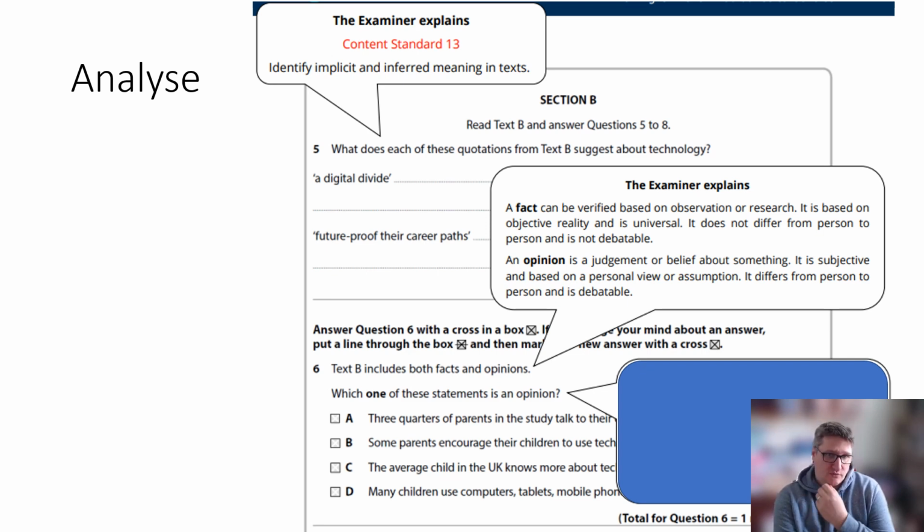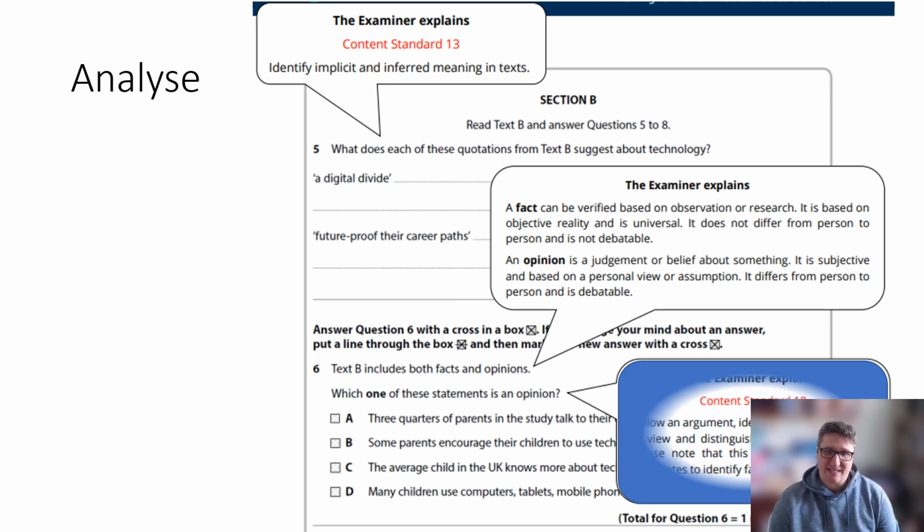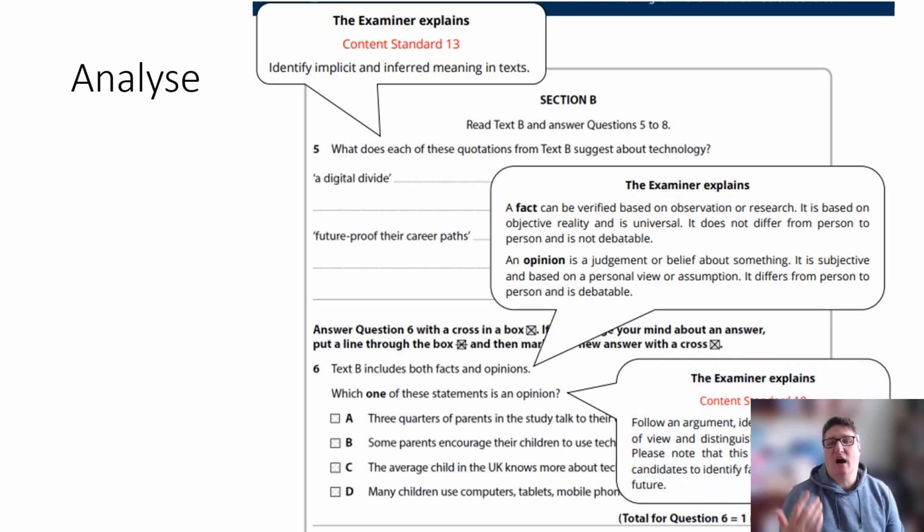And of course, you know that a fact is something that can be proved, and an opinion is just someone's belief. And it's asking you to follow an argument. It's asking you to look at the text and decide whether or not it is a fact or opinion.